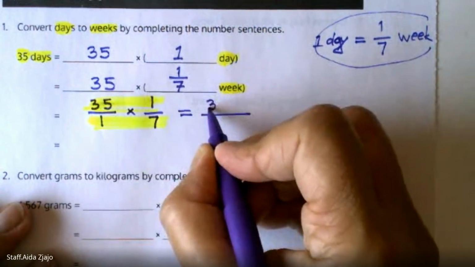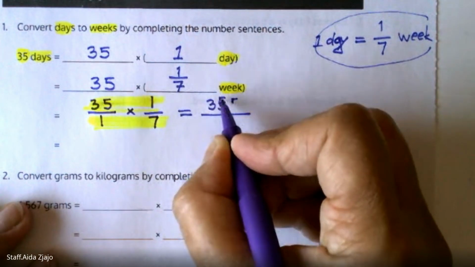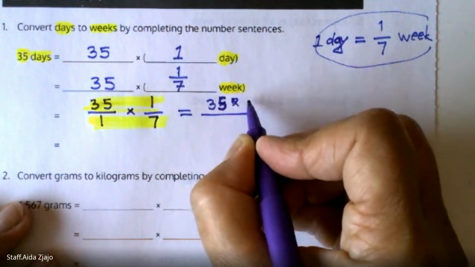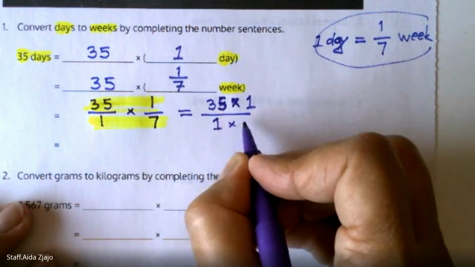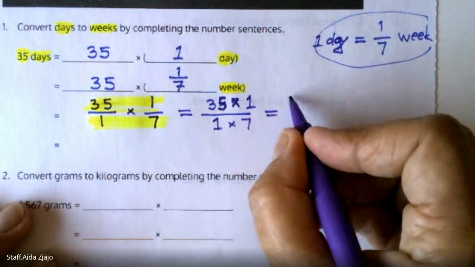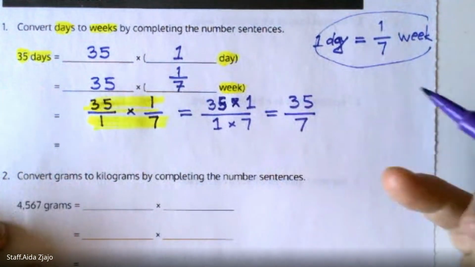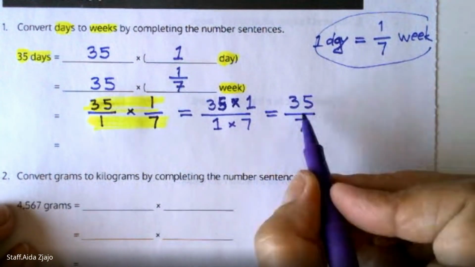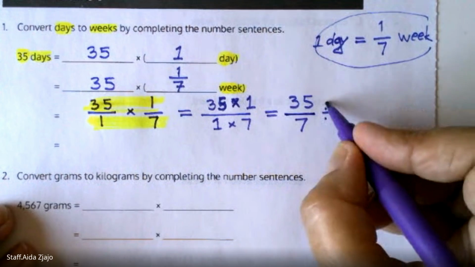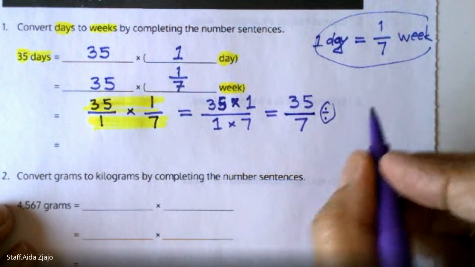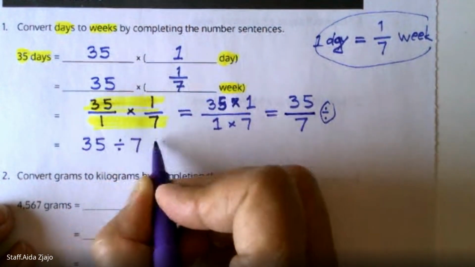So now we have numerator times numerator and denominator times denominator. So 35 times 1, and then 1 times 7. So you really got 35 divided by 7. When you know this fraction line, it means division. So you're going to do 35 divided into 7 parts.